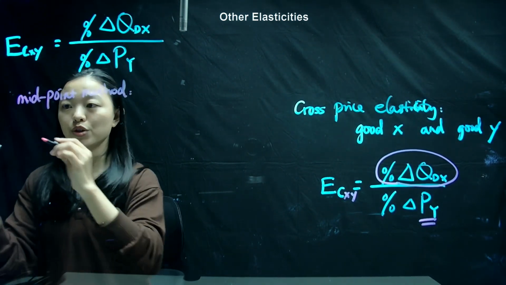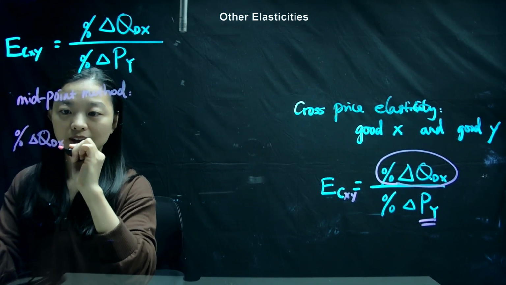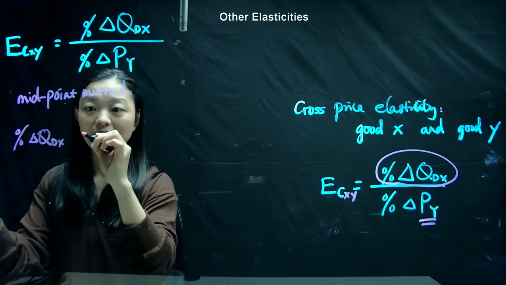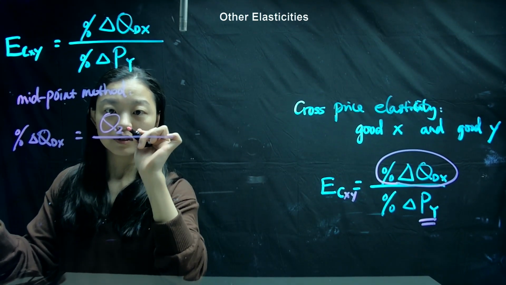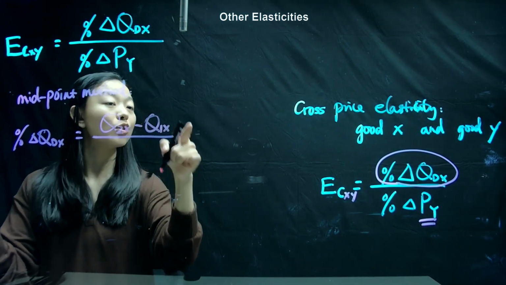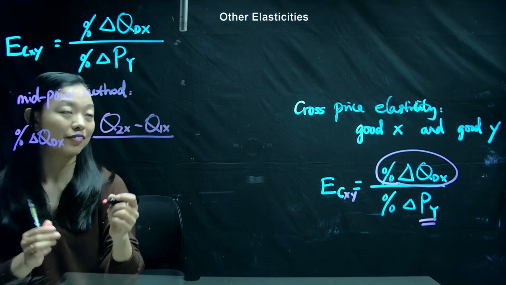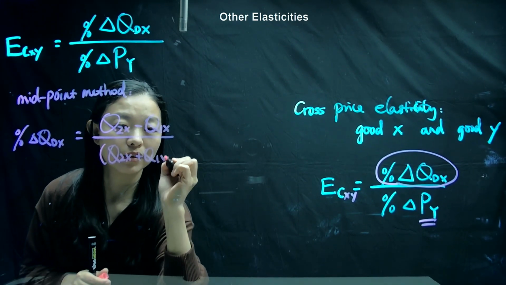So for the midpoint method, you first need to compute the percentage change in the demand of good X. It will equal the difference in good X's demand divided by the average of good X's quantity. Okay?